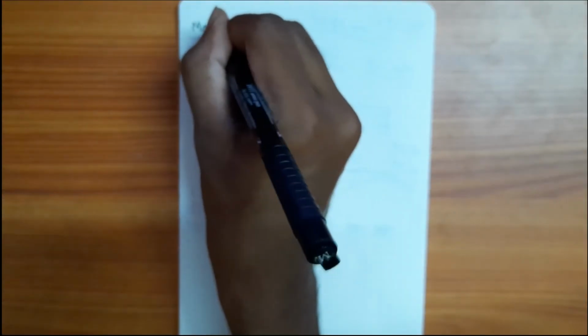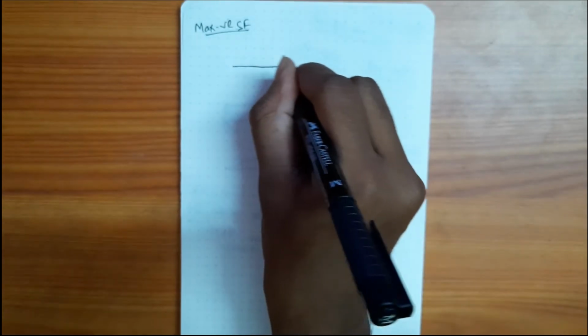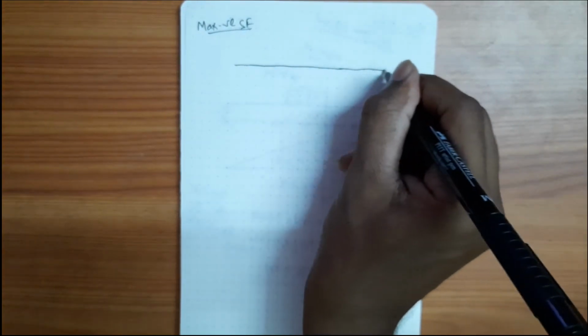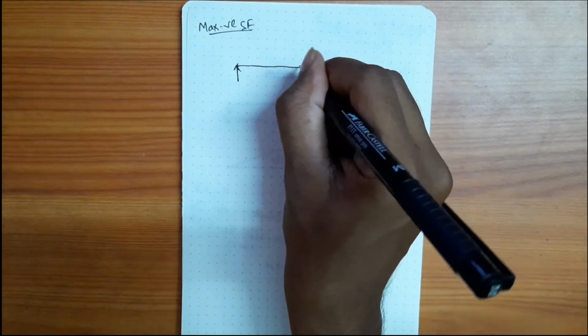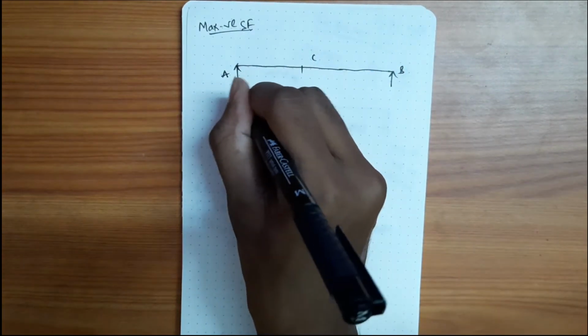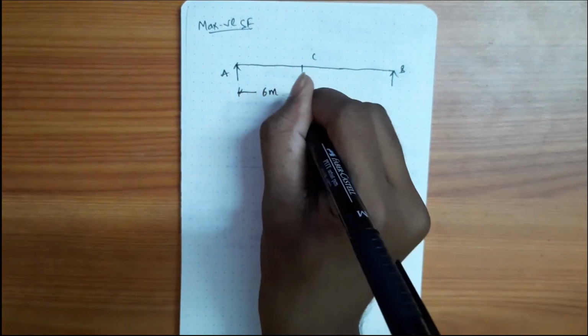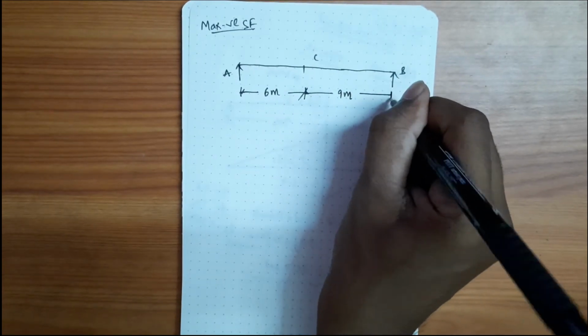Now the maximum negative shear force. Again draw the section A, B, C. Nothing will be changing: 6 meters, 9 meters.